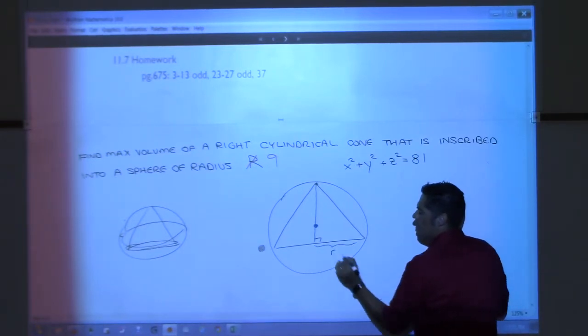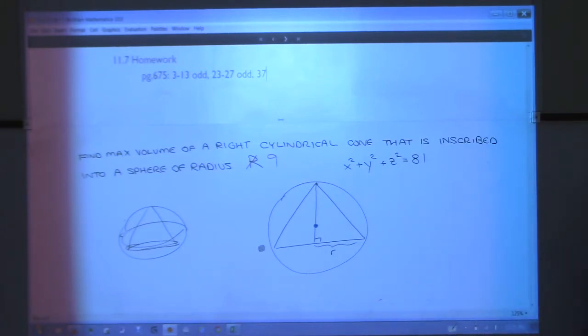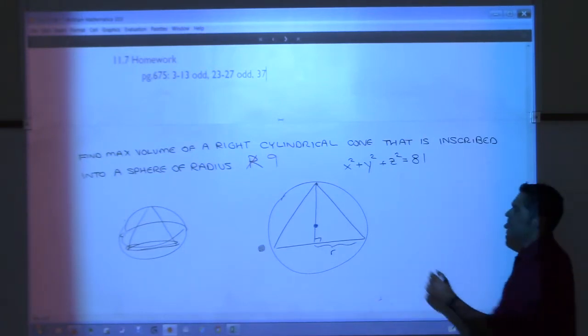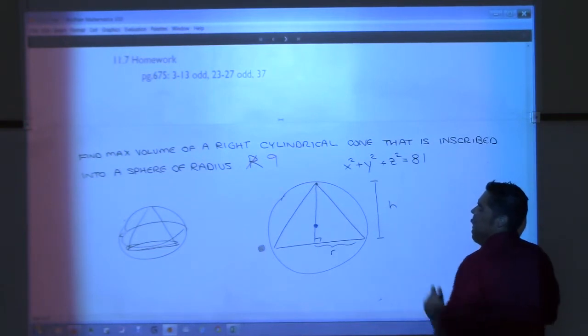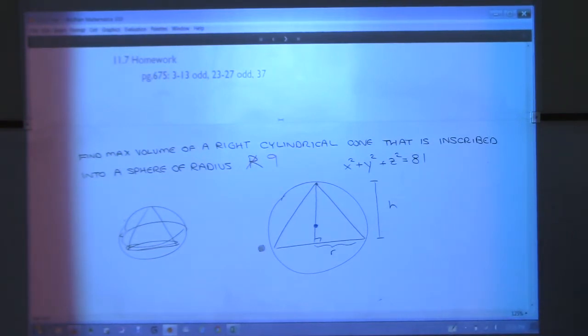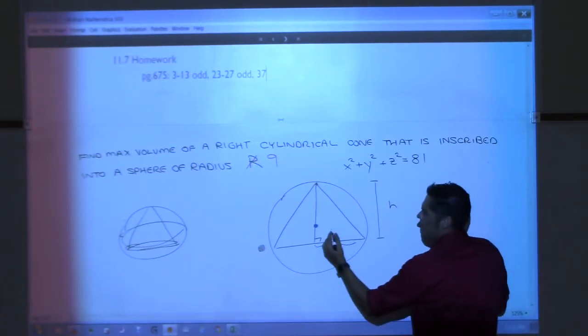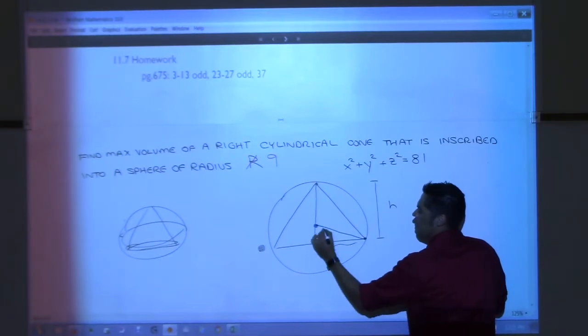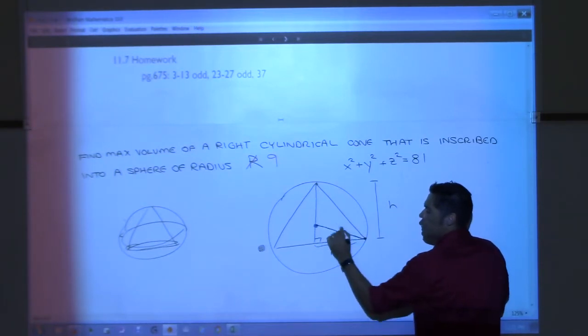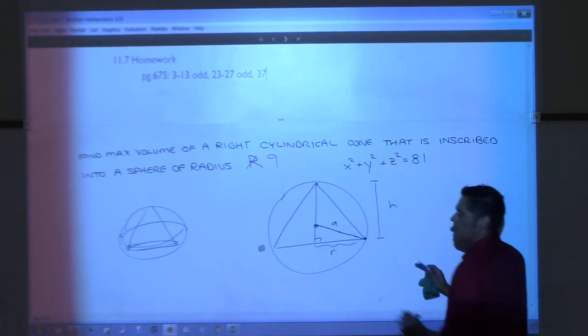Little r, that's the radius of your cone. And from here to here is H. And then is there anything else that you know? You know that this piece right here is big R, which in this problem would be 9.